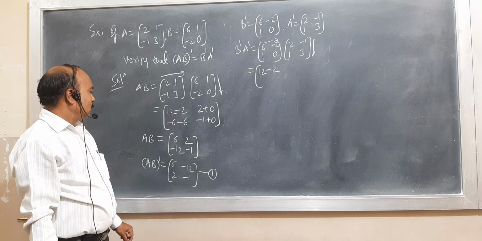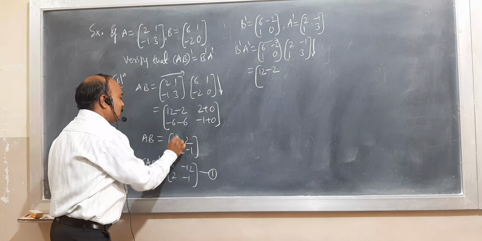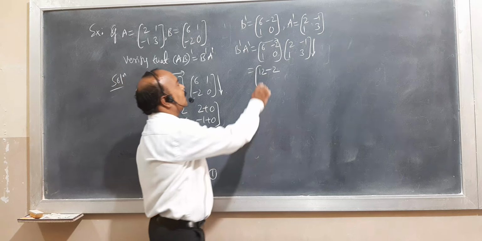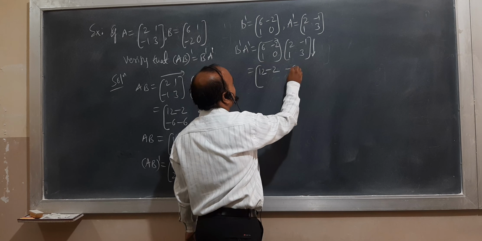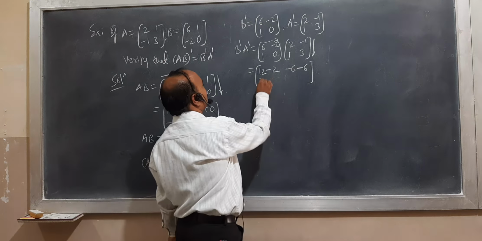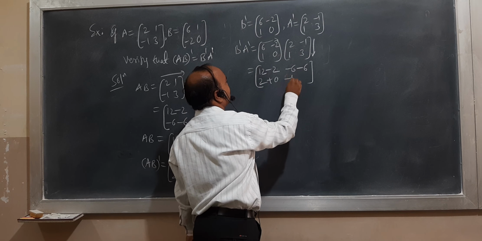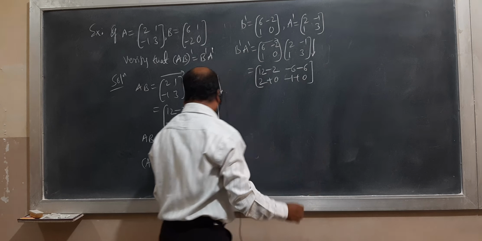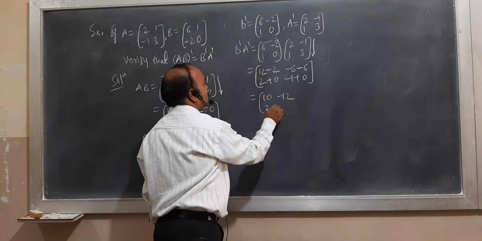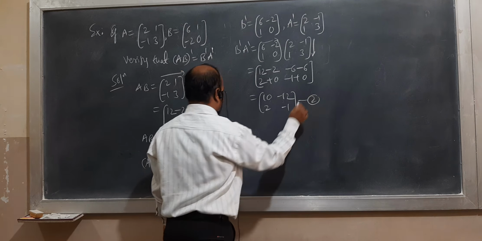Here 12 minus 2 is 10. Here 6 into minus 1 is minus 6, it is also minus 6. 1 into 2 is 2 plus 0. 1 into minus 1 is minus 1 plus 0. Now we get [10, minus 12, 2, minus 1]. Now we call this as 2.